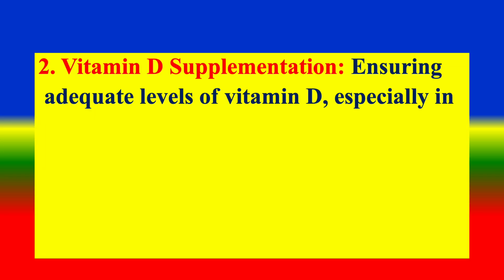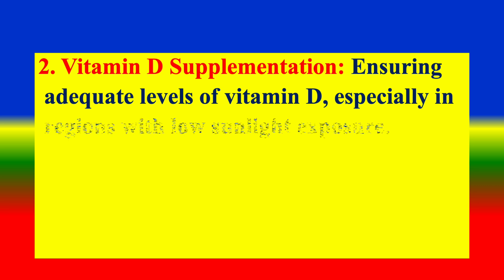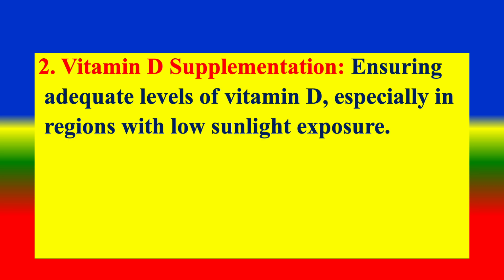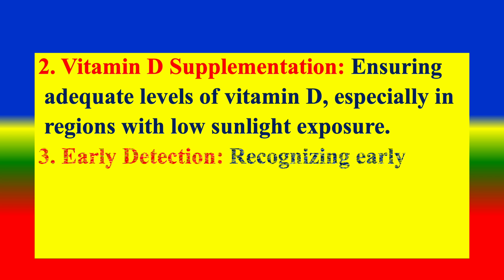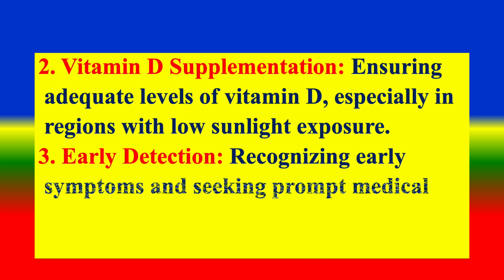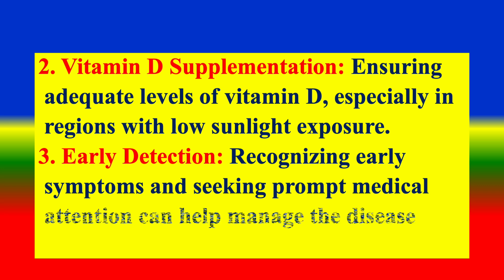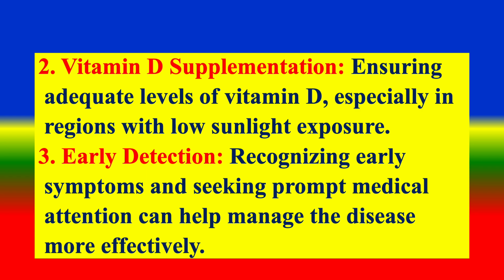Vitamin D supplements, ensuring adequate levels of vitamin D, especially in regions with low sunlight exposure. 3. Early detection: recognizing early symptoms and seeking prompt medical attention can help manage the disease more effectively.